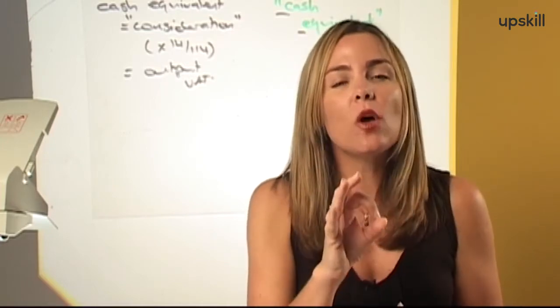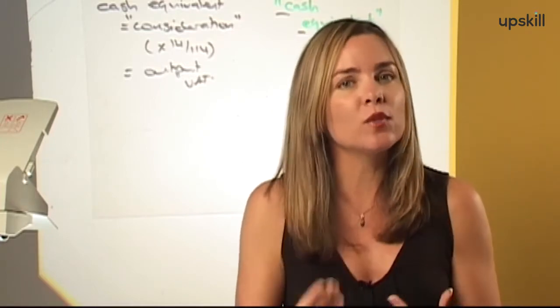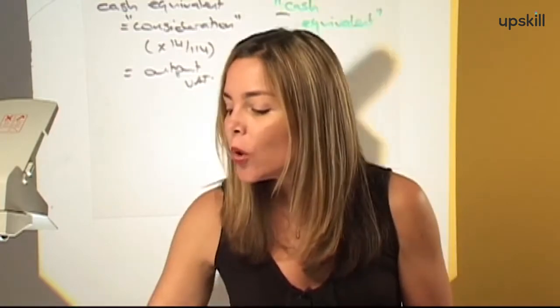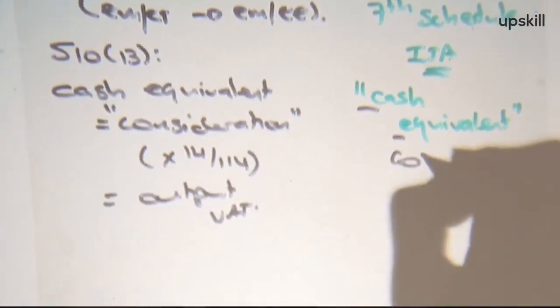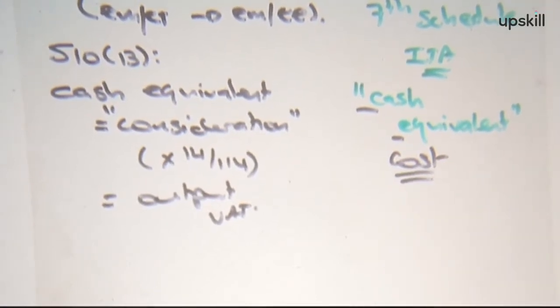So now let's start a little bit slowly and say to ourselves, all right, the cash equivalent, says the 7th Schedule, is the cost of this free asset or cheap asset or service to the employer.